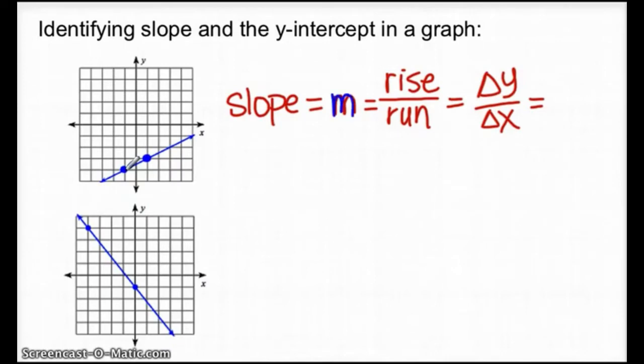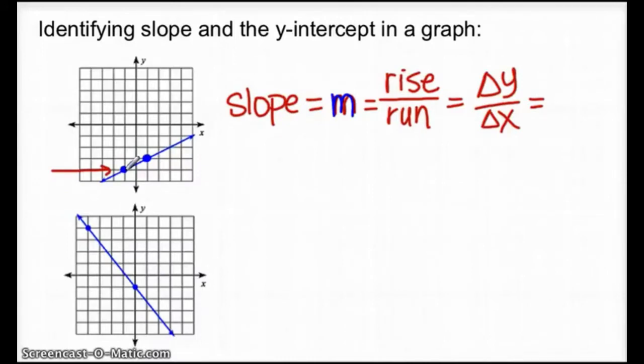I'm going to ask you, what does your m equal? M represents slope, and it's going to equal our rise over our run. So when I count slope, I have to put my rise on top and my run on the bottom. You also need to start with the point that is farthest left.